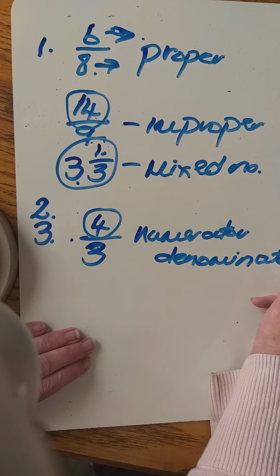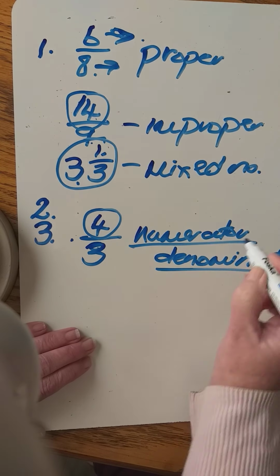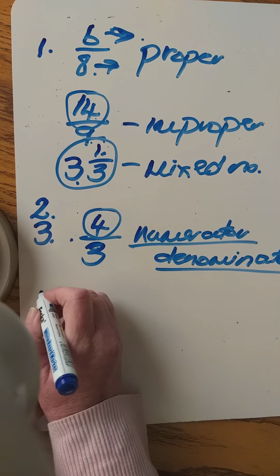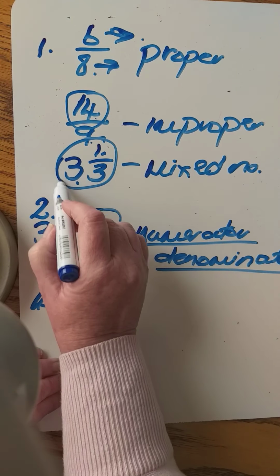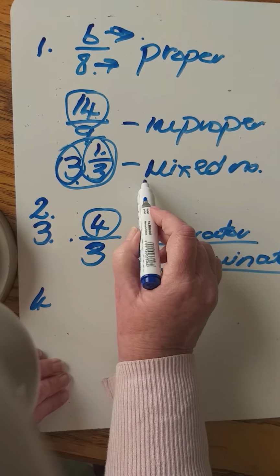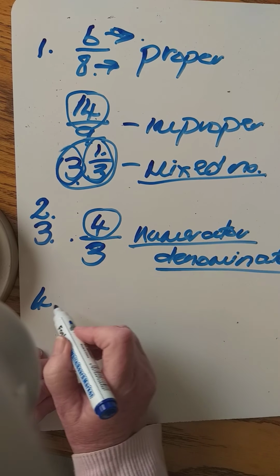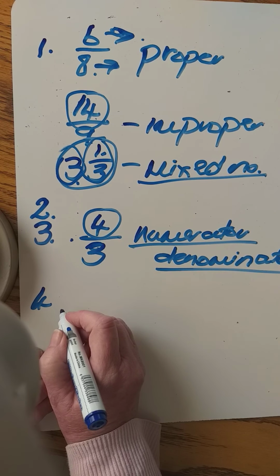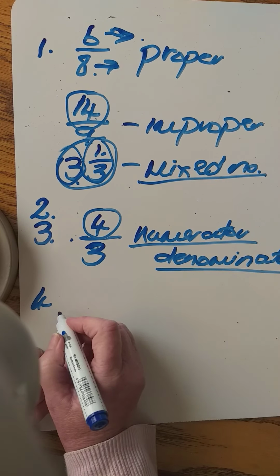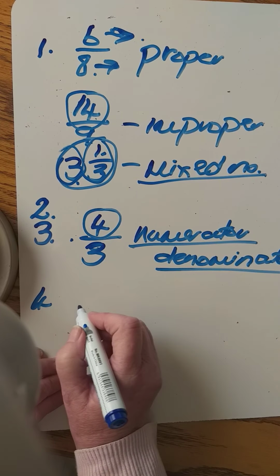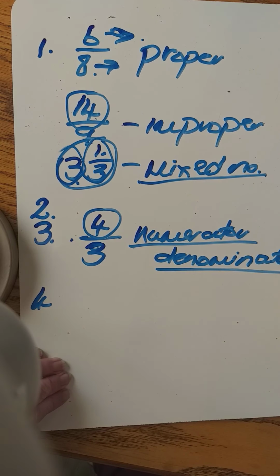Okay, so make sure you use these kind of words. Or in this case, if it was a mixed number, make sure you say it's a whole number with a fraction, and because of that it's a mixed number. Right, number 4, which of the following are not improper fractions and why? And which of the following are mixed numbers, not mixed numbers, and why?